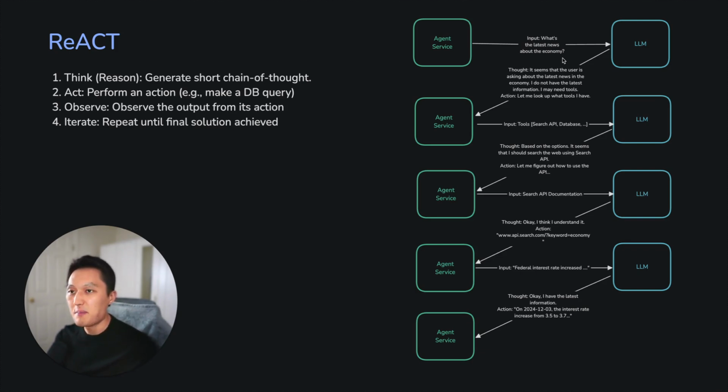So for that to happen, you have to do something called action. So let's suppose that we're going to trace this logic here. Don't think about this agent service as a separate LLM or anything like that. What it simply does is that it's a way for the LLM to interact, or it's embedded within this agent service, and it simply interacts with any kind of tools or application logic for the LLM to perform action and get the observation back and forth.